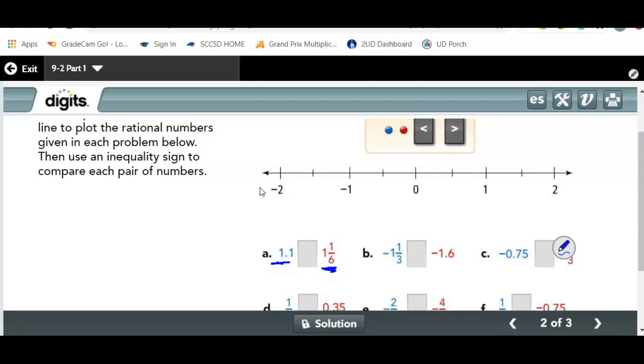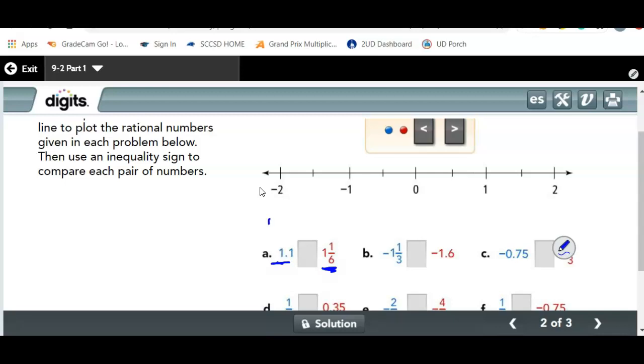There's two different ways to do this. Sean. You can make 1.1 a fraction, or you can do 1 divided by 6 and make that the decimal. We're so close. He was correct by saying change this into a mixed number. How do you write this as a mixed number?